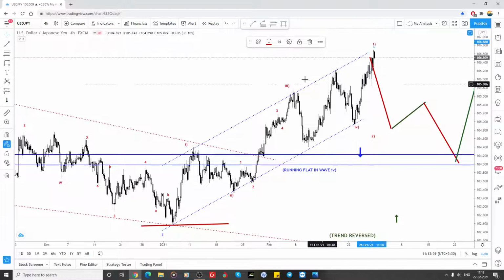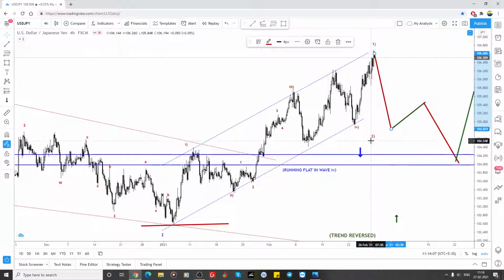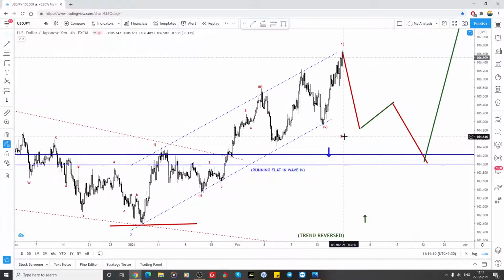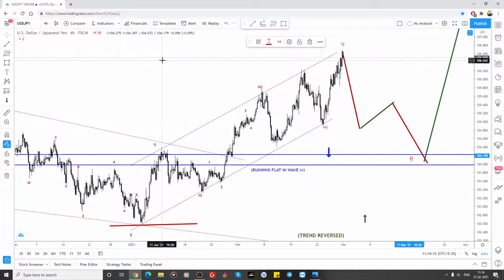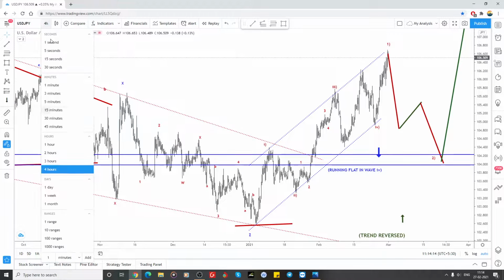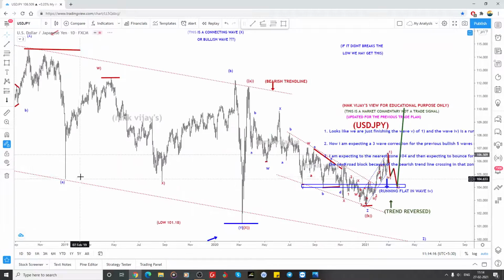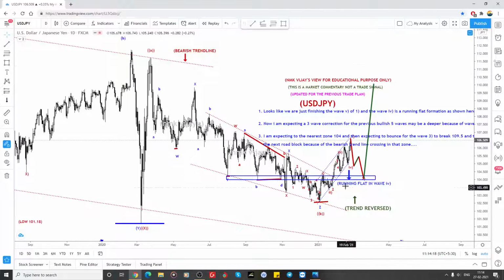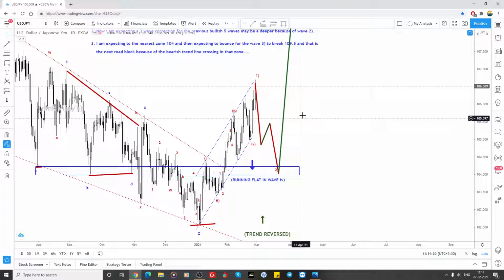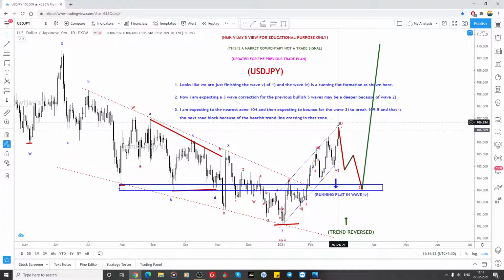It looks like for me this could be a fourth wave as a running flat, and again I am expecting from here itself the downside for that deeper 2, because we need to go for the long journey in the UJ. So that means I'm looking for that C wave, right? So the C wave contains a five-wave structure. So I'm looking, this could be the leading diagonal of wave 1.